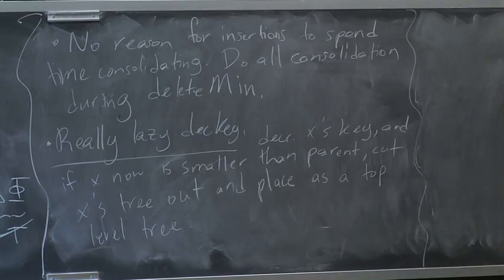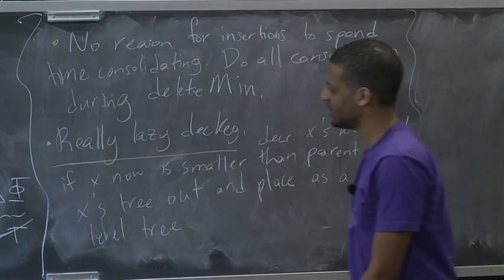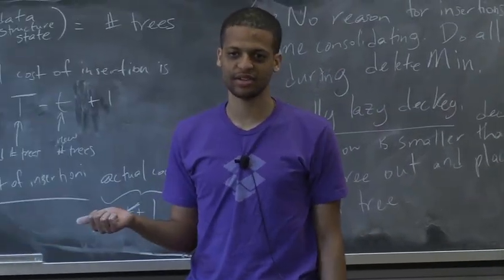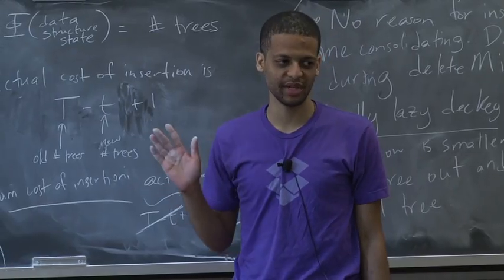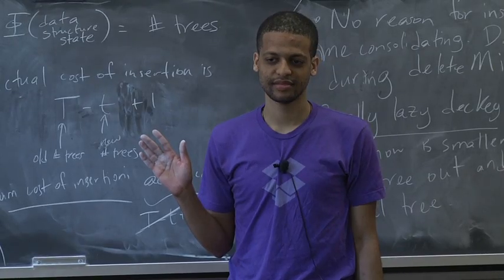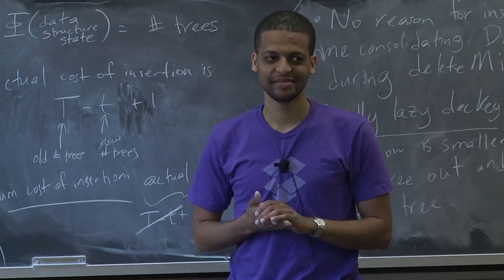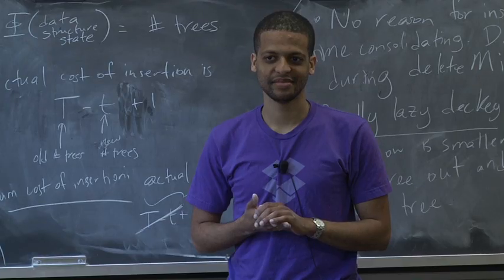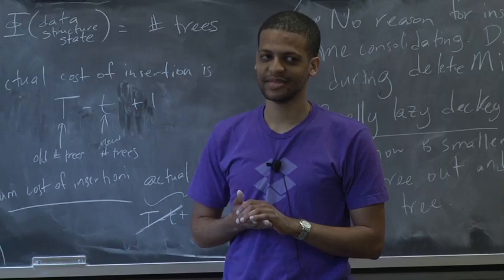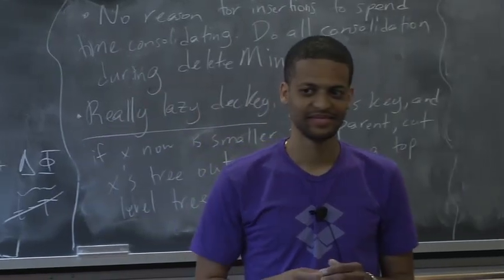Okay, and the main reason is, so what was the actual cost in binomial heaps? What was the actual cost of a delete min? This is not a trick question.